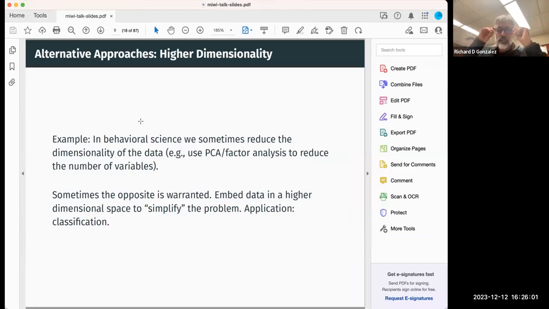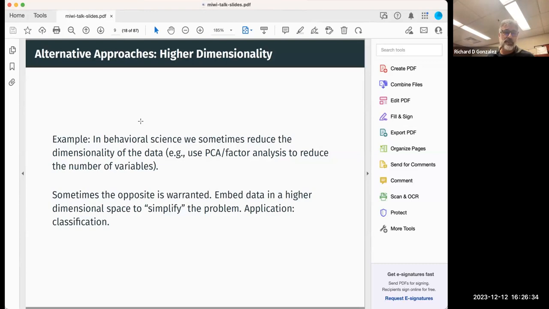So let me give you an example of a very counterintuitive idea that's the opposite of everything we've been told as behavioral scientists. I was trained in graduate school that if I have a scale of many items, rather than trying to work on the individual items, I could run a factor analysis or principal components to reduce the dimensionality. Maybe my 10-item scale is really one dimension, or it might be two dimensions.